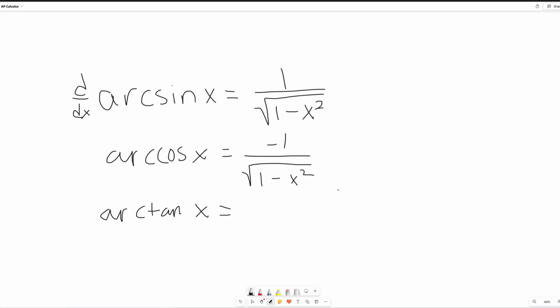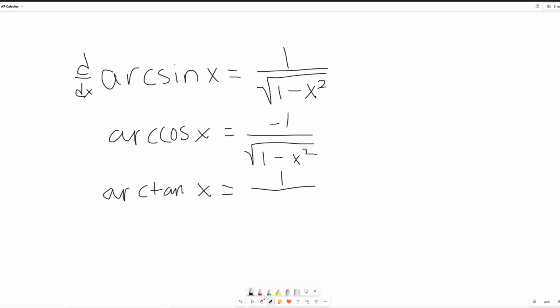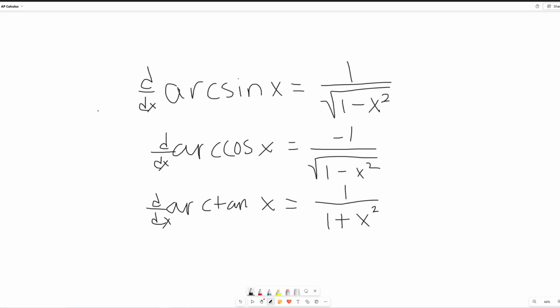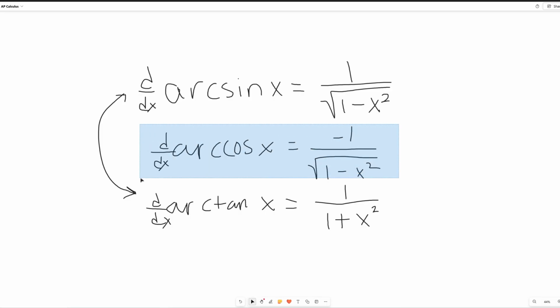And then arctan is 1 over 1 plus x squared. So the reason you only really need to memorize these two is because arc cosine is just the negative of arc sine. So you can just think about that and then don't even worry about arc cosine.